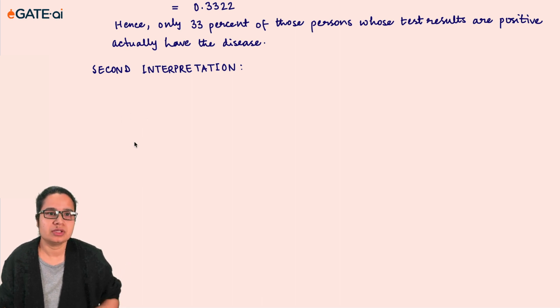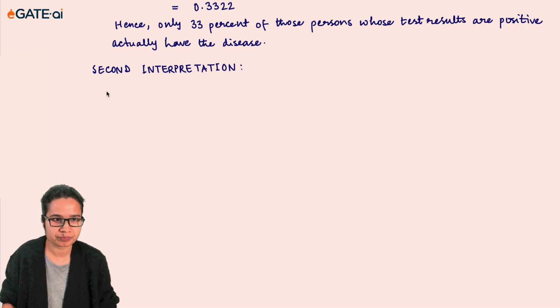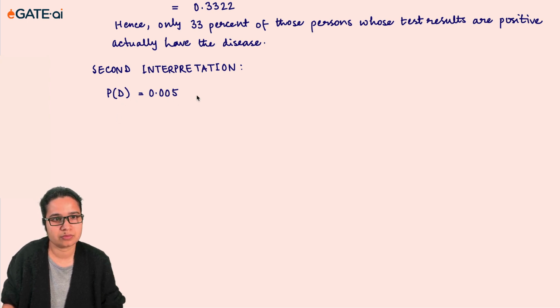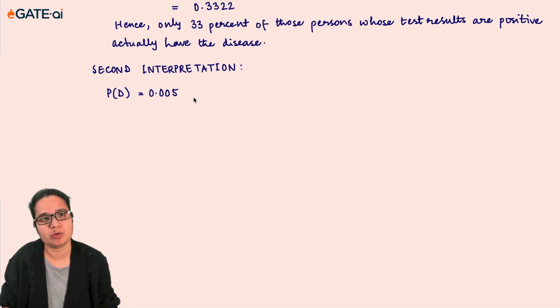Okay, so in the second interpretation, let me first write down again what are the things we know. Okay, so we know that in the population only with 0.005 probability will a person actually have the disease.